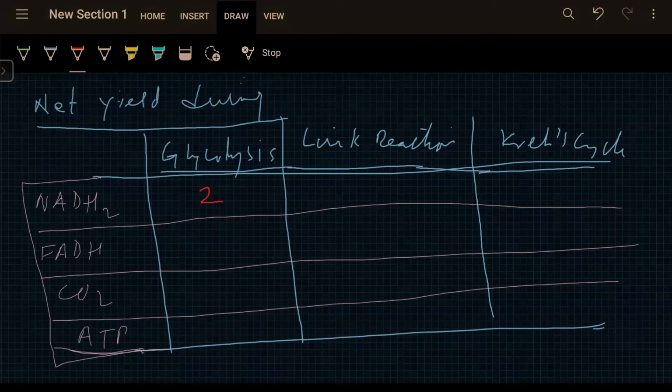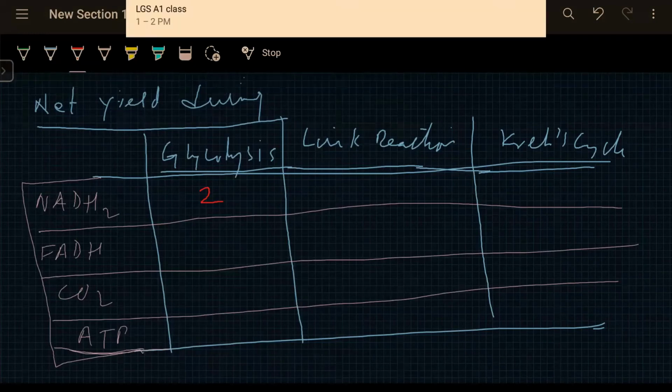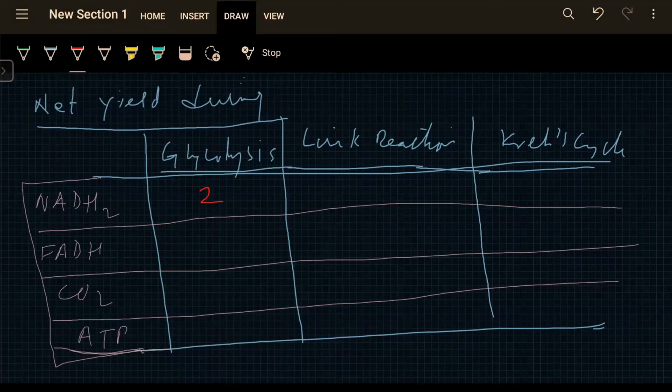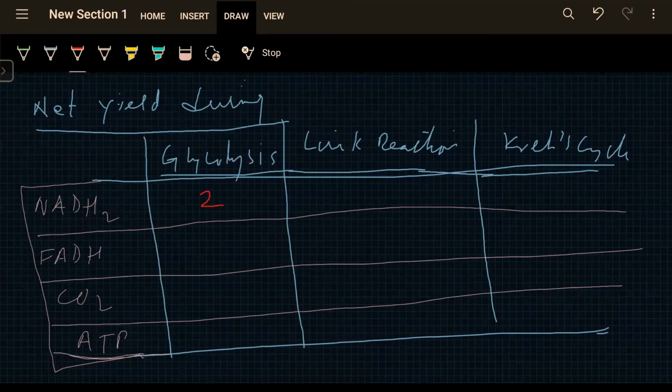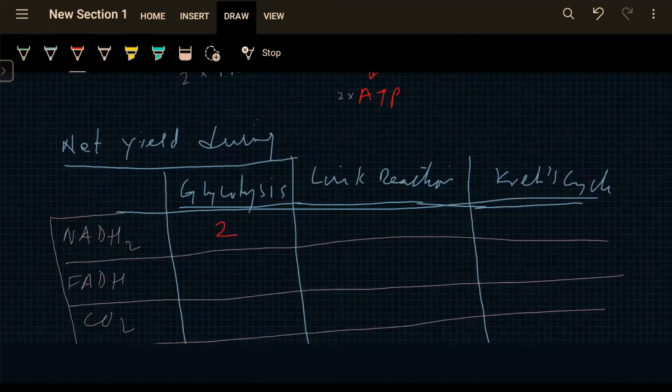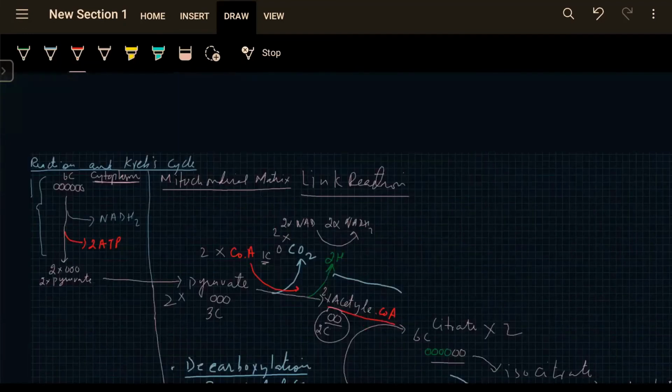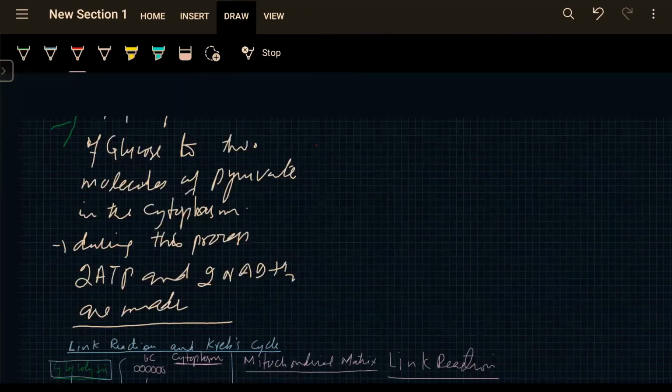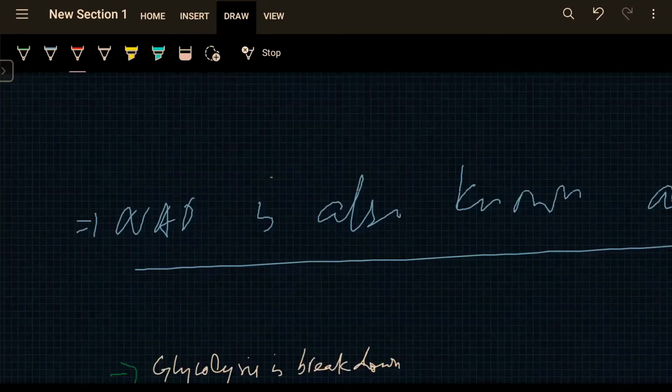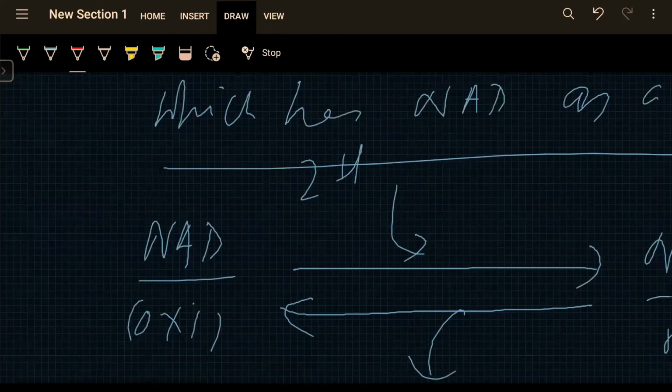In oxidation by dehydrogenation, when 1 GAP, glyceraldehyde phosphate, is converted into pyruvate, one NADH2 is made.